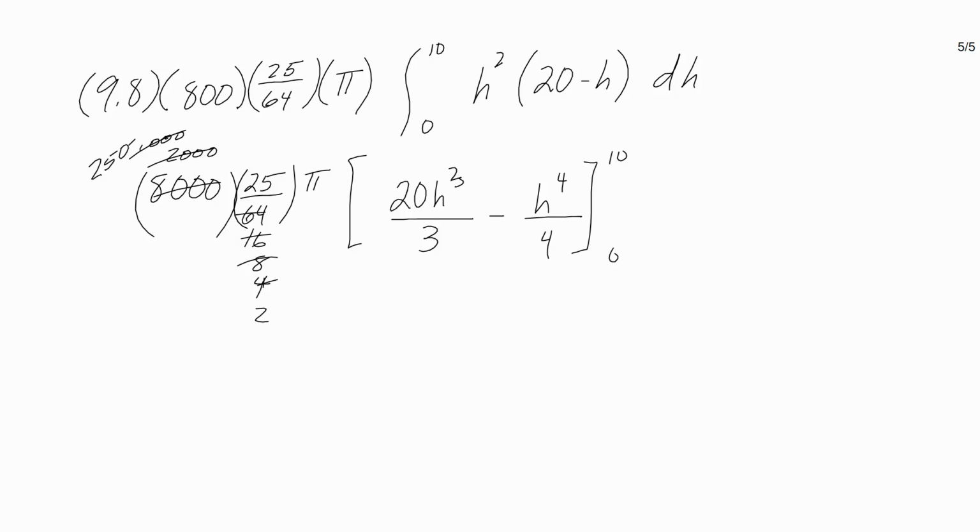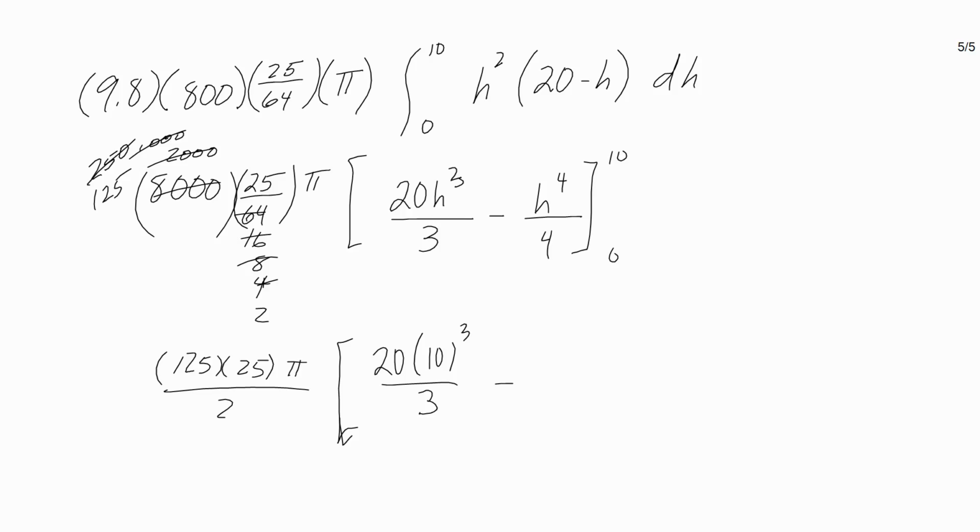2, 125. So I've got 125 times 25 times pi over 2, multiplied by 20 times 10 cubed over 3 minus 10 to the fourth over 4.